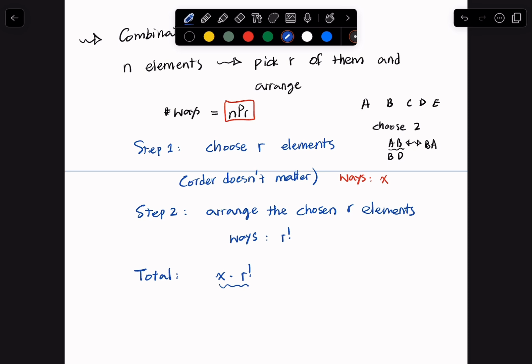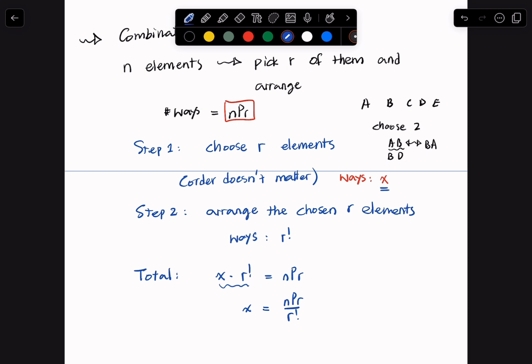So that means x times r factorial is just nPr. Since n and r are given, if I want, I can solve for x by dividing both the left and right sides by r factorial, which gives us that x is just nPr over r factorial.